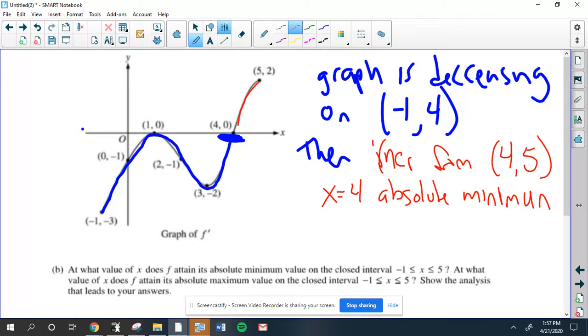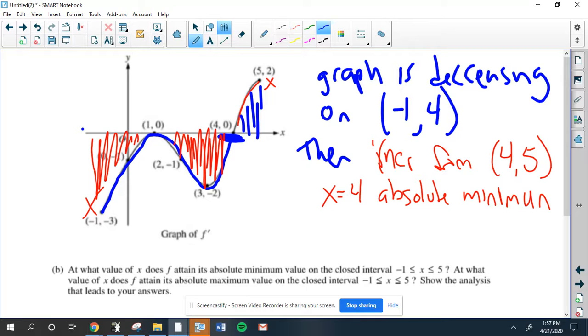So if you look at it, compare the two, here's -1, here's 5. This area is the cumulative amount that it decreased because it's the integral. And then it only increased for this amount of area.